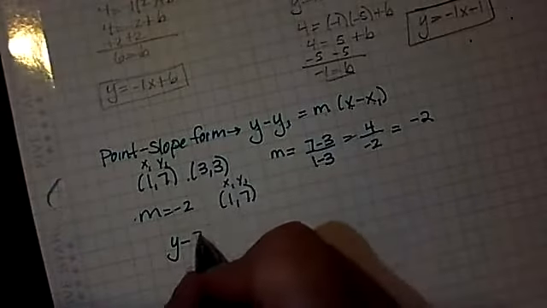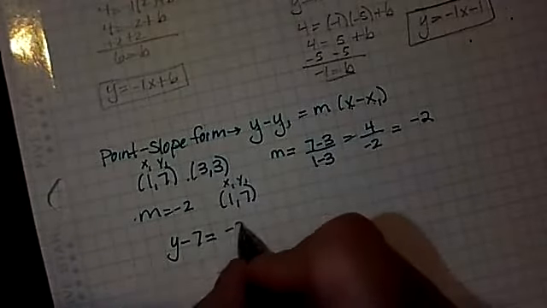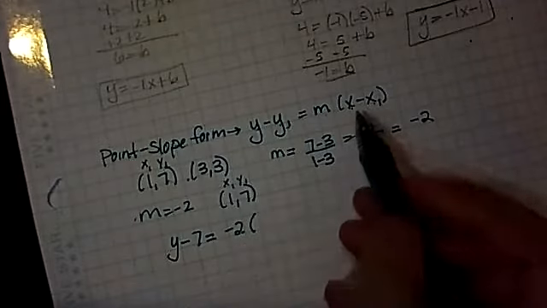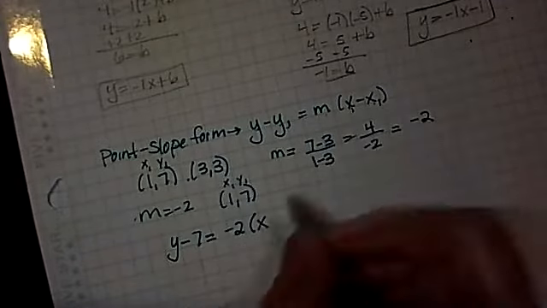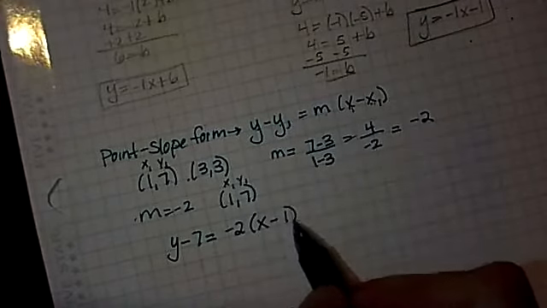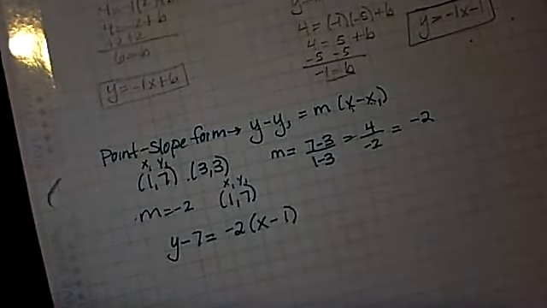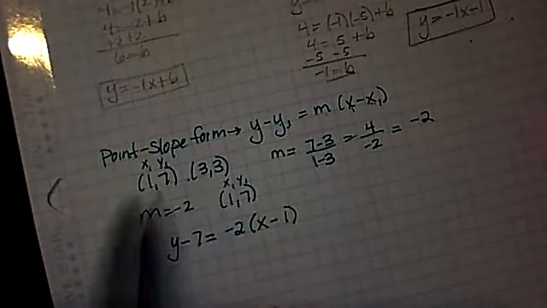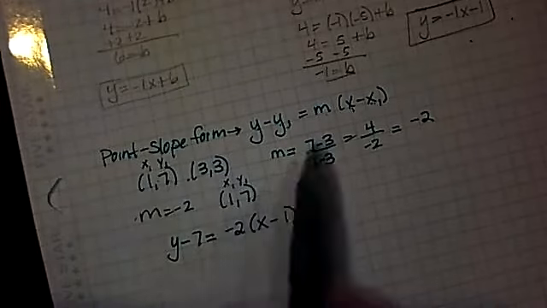Write down the slope. Then inside here, x, the one I don't know, minus x1, and here's the x1 from your ordered pair. And that's point slope form. That's the most difficult one you'll have for point slope form. You have to find the slope, take the first ordered pair, and just substitute in.